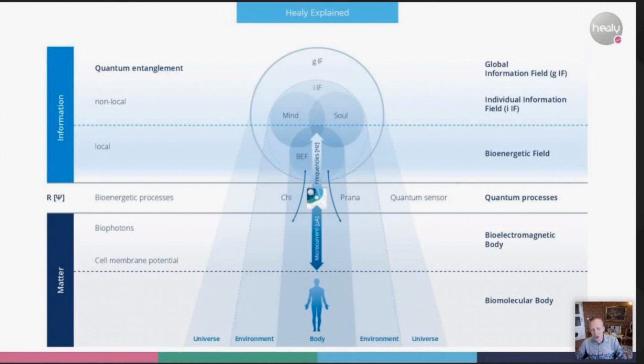We will talk a little later about the electrical aspect, which we have always focused on very much in our explanations about Healy, regarding the cell membrane potential. The cells are really the most important units within our body. And the cells produce the energy which we are using in our body.